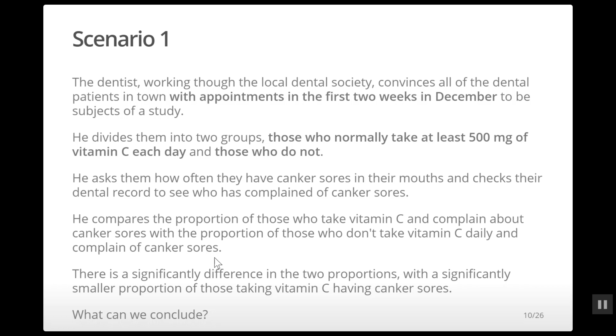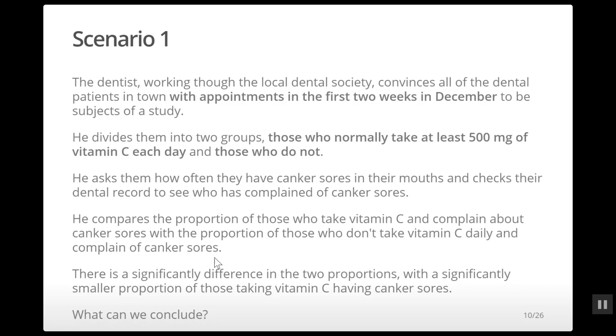Get everybody to participate in our study. Then we divide them into 2 groups, those who take vitamin C daily and those who do not. And then we ask them how often they have canker sores in their mouth, and then we check their dental records to see who's had canker sores and things like that.